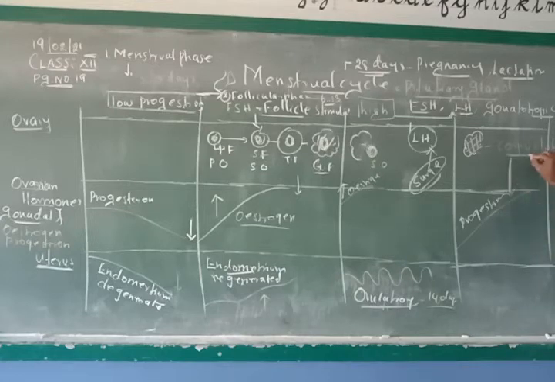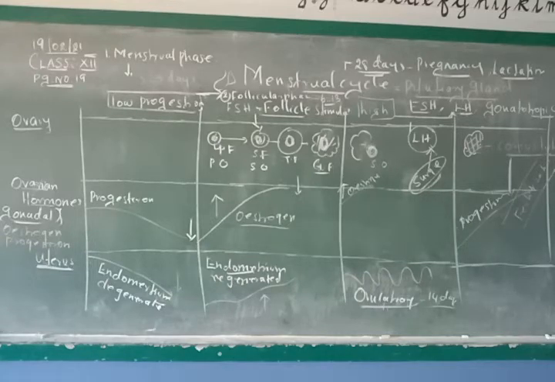This is always only for the fertilization process. If the ovum is fertilized, corpus luteum will be there till 9 months. Progesterone will be there till 9 months. That is why progesterone is called the pregnancy hormone.